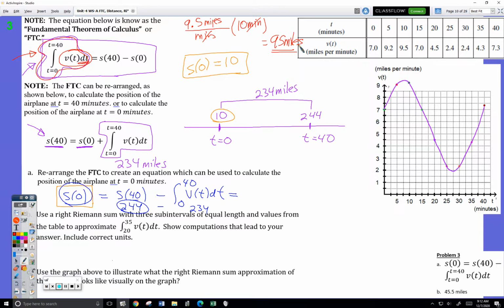Questions? Please. Can we look at integrals with acceleration? So Kayla's question was, will we ever do an integral that uses acceleration? Here's an example.